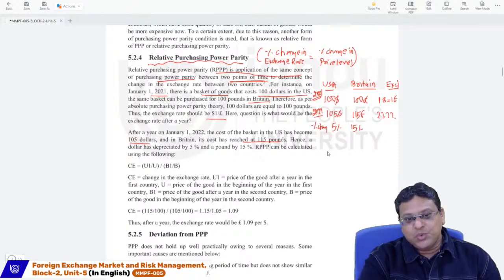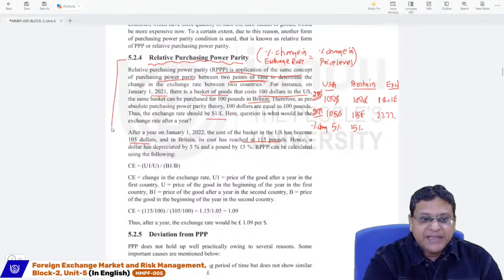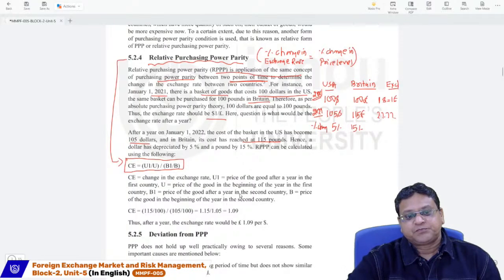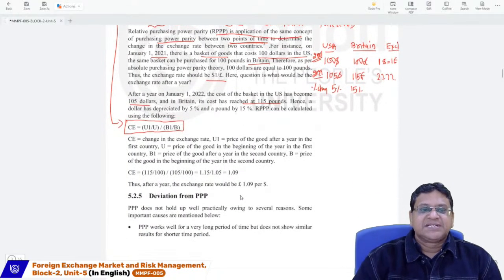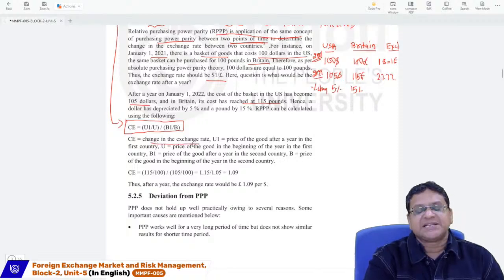In order to find the revised currency rate, a formula is used in relative purchasing power parity: CE is equal to (U1 by U) divided by (B1 by B). CE means change in exchange rate.